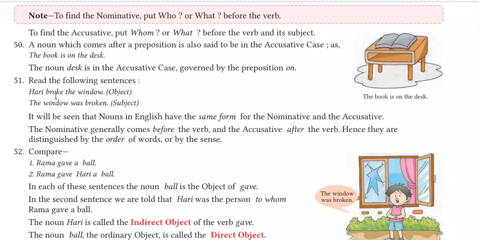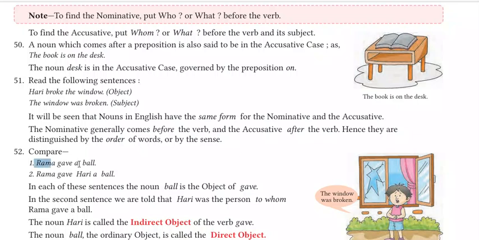Harry broke the window. The window was broken. In the first, the window is used as object, while in the second the window has been used as subject. It will be seen that nouns in English have the same form in the nominative and the accusative. The nominative generally comes before the verb and the accusative after the verb, hence they are distinguished by order of words or by the sense.